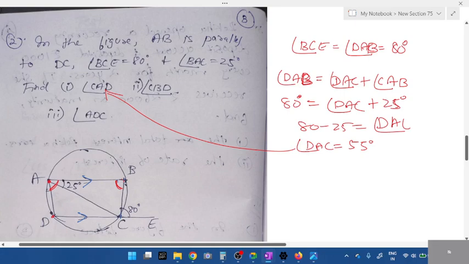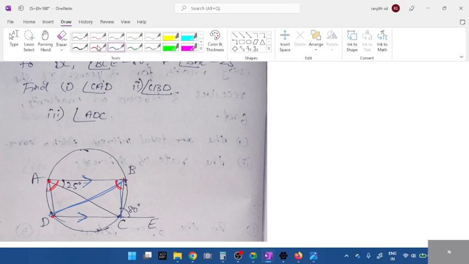If you take this triangle CBD, why are they equal? Segment theorem. There is no tangent here. How can you write same segment? Okay, segment theorem. Done. All of you have made a note of this DAC 55. Shall I erase it? Okay, next one, students. We need to find CBD.